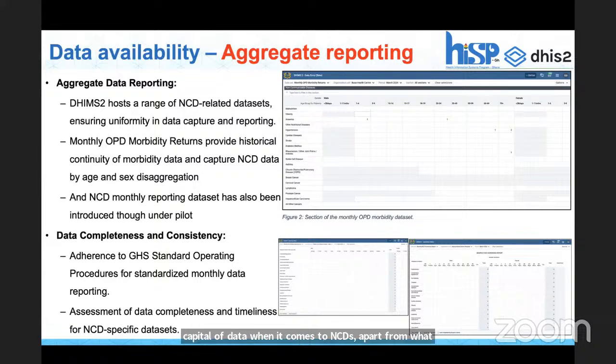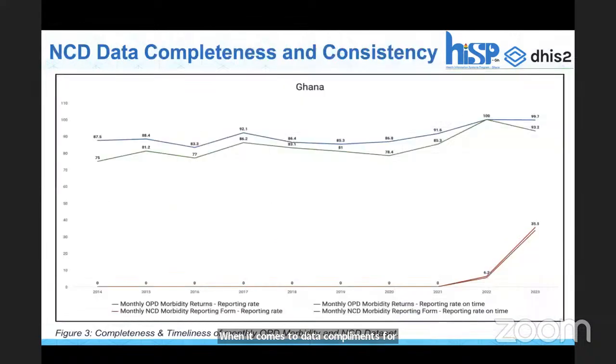When it comes to data completeness for aggregate data, it isn't very bad. For the OPD morbidity data set, it's 99% completeness over 10 years for the country.